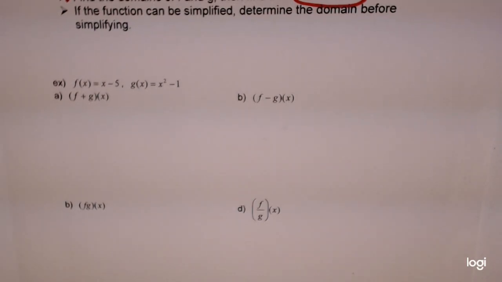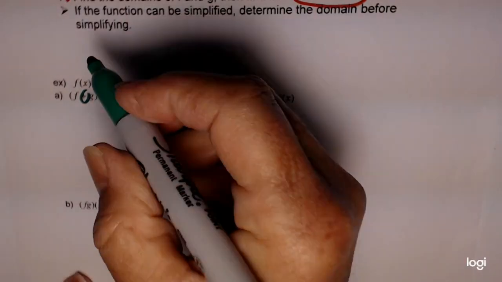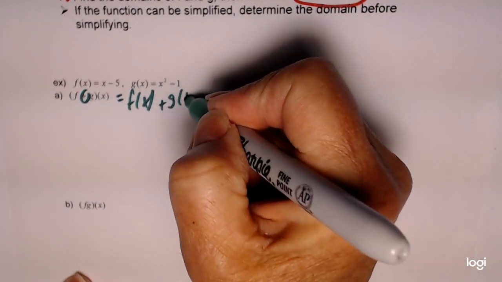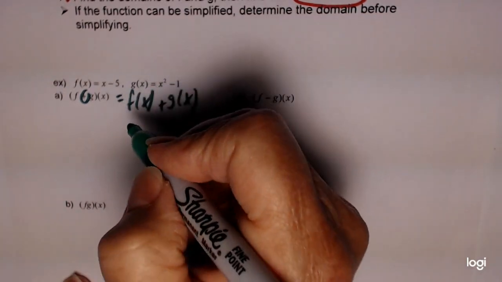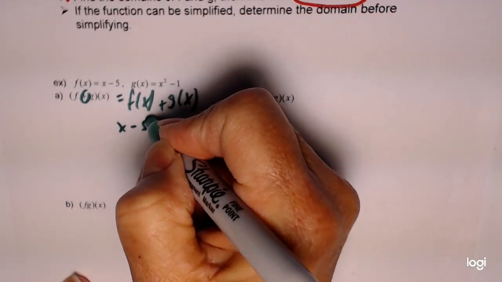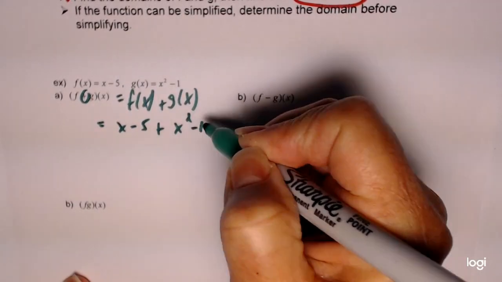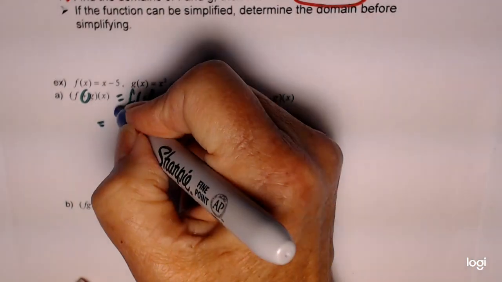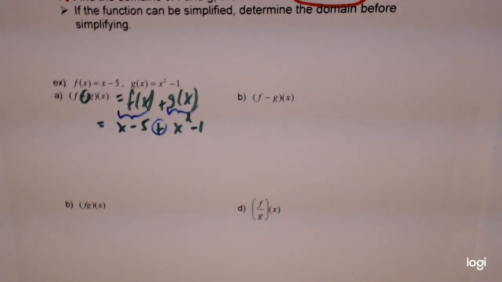So let's start here with the addition. This says f of x plus g of x. We simply add them together. f of x is x minus 5, and g of x is x squared minus 1. So here is f of x, and here is g of x, and the addition sign in between the two says just put them together.